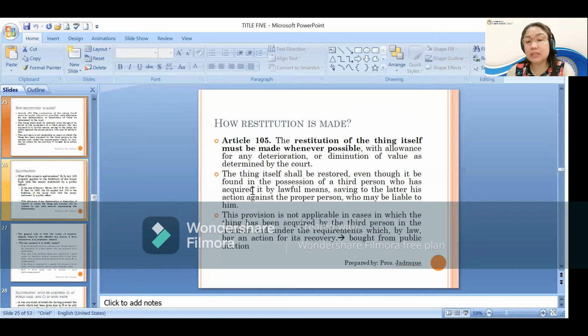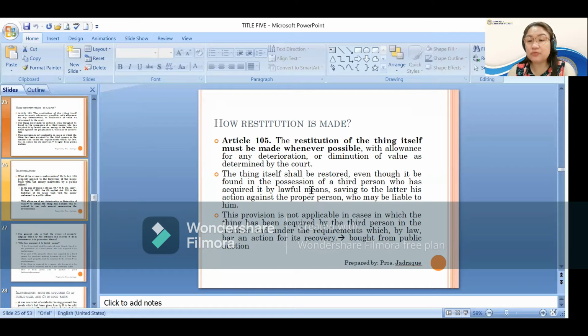Now take note that the second paragraph gives us a scenario wherein the very thing itself, subject of the thievery, is now in the possession of a third person. And the law provides that that third person acquired it by lawful means. So what would be the effect?